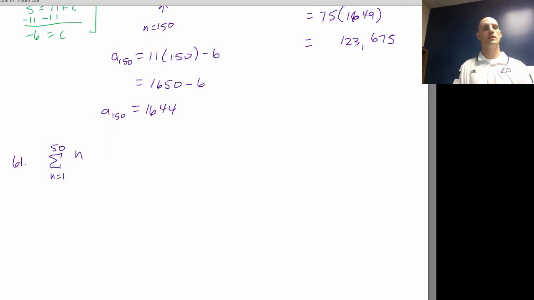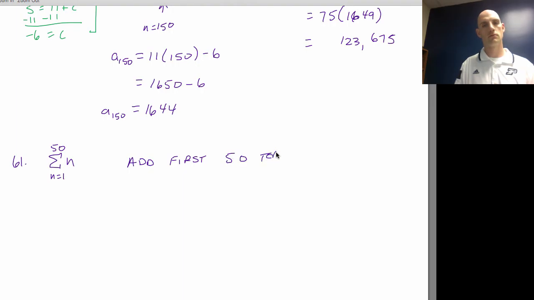So let's say they gave us something like this. Now, you could put this into your calculator, that's fine, but really this means the same thing as a partial sum. It's add the first 50 terms of a sub n equals n, because this tells me what a sub n is.